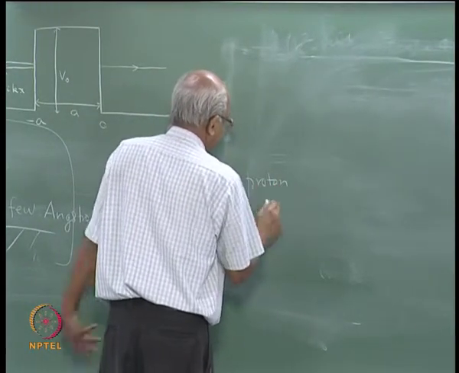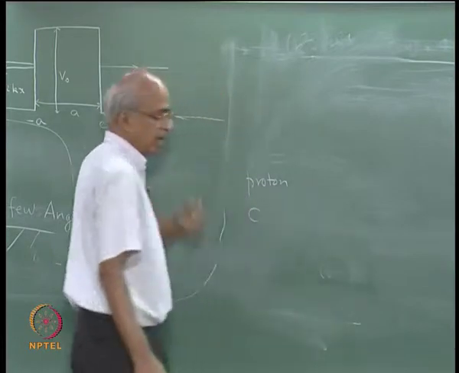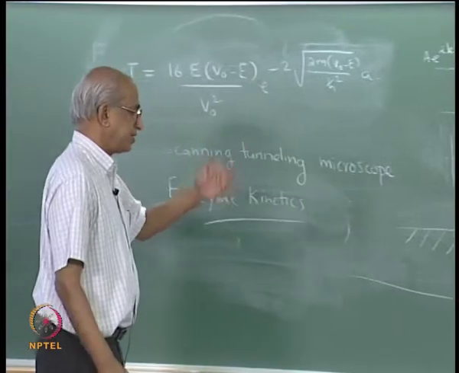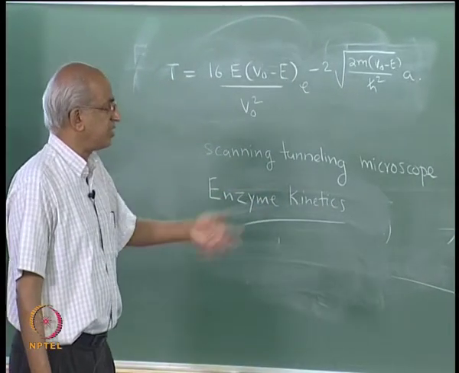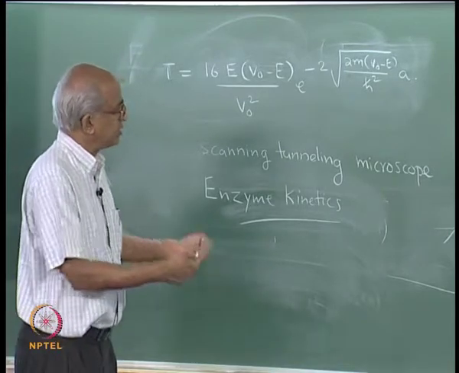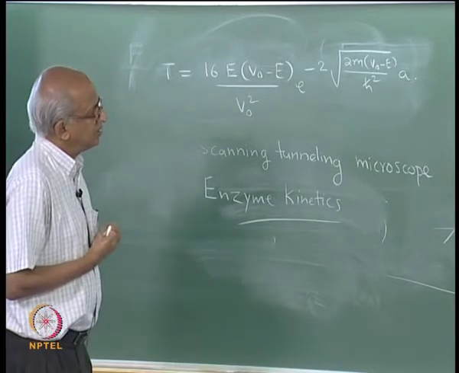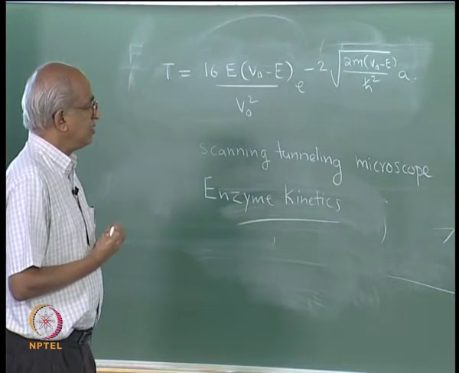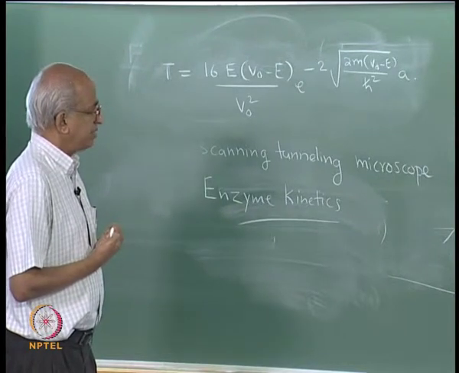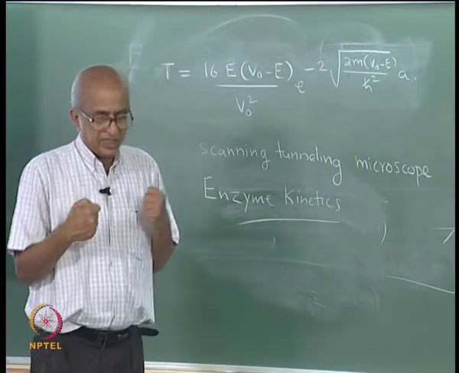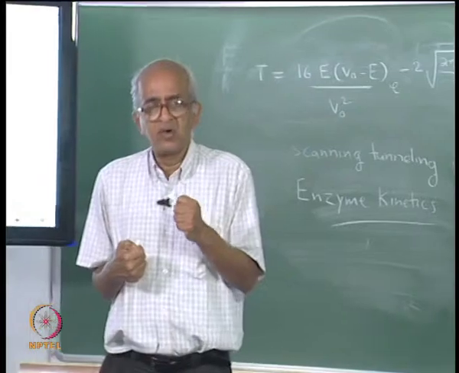If you think of a hydrogen atom or a proton, it is roughly 12 times lighter than a carbon atom, and therefore, its mass we can say is small. And in such a situation, it is actually possible for a reaction to proceed by proton tunneling.